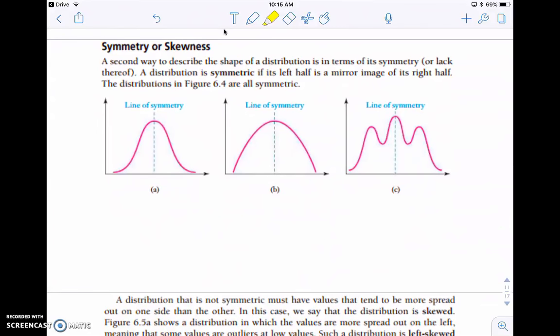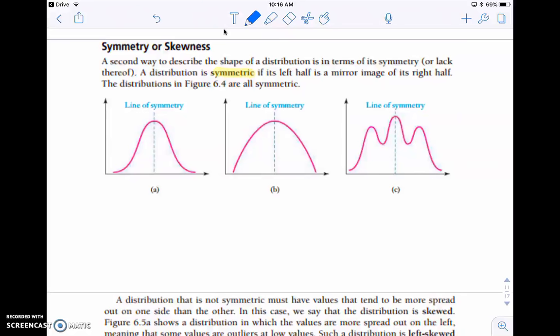Okay, now a couple other concepts or vocabulary words we're going to be looking at when we try to describe the distributions is symmetry, or sometimes the lack thereof. And things are symmetric if the left half is like a mirror image of the right half.